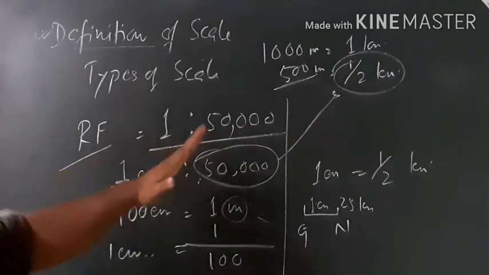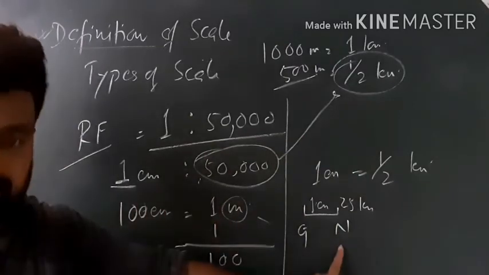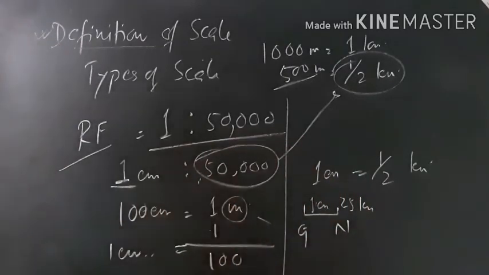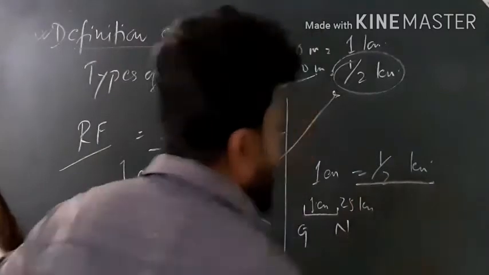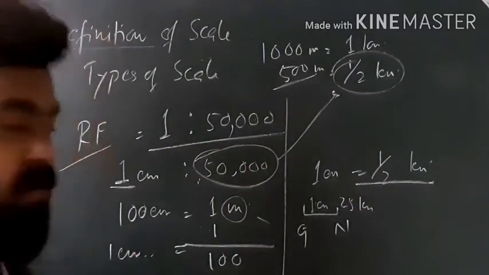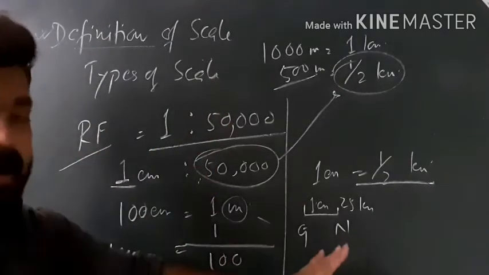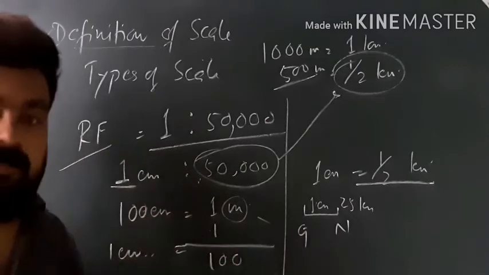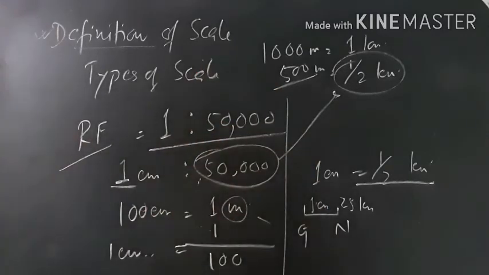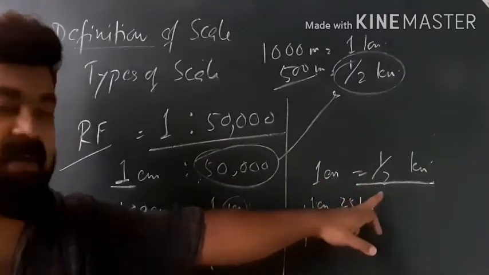When we have brought this fraction down, we have got half kilometer. 1 centimeter is equal to half kilometer. That means this is a large scale. So within half kilometer only we can draw any village area, or any area neighboring another area on the periphery of Guwahati. But for a Guwahati to Nalbari map, it will take a very large size of paper. In a small paper we can't draw this. So that is definitely a large scale map.